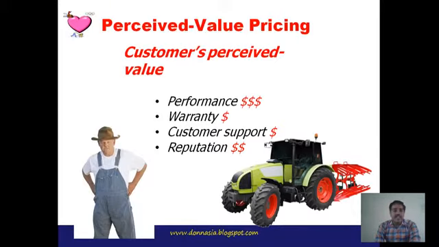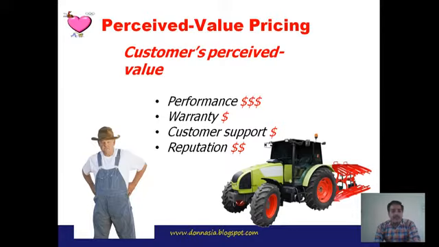Next is perceived value pricing. Customers' perceived value is what customers perceive at the time of using the products. They find that these features are perceived by them, and what value they place on them particularly. So customers' perceived value depends on the various features of the product.